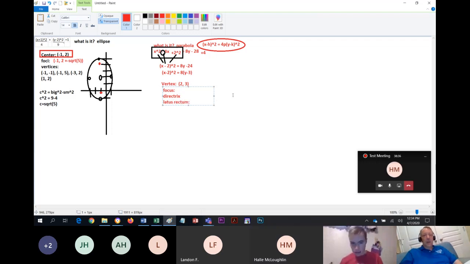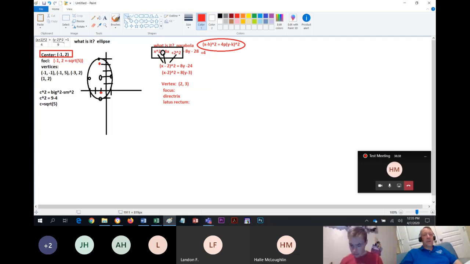Okay. Now, at this point, I think it's good to draw it, because you know me, I like to draw graphs. Now, we've got a vertex at 2, 3, so if I go 1, 2, 1, 2, 3.